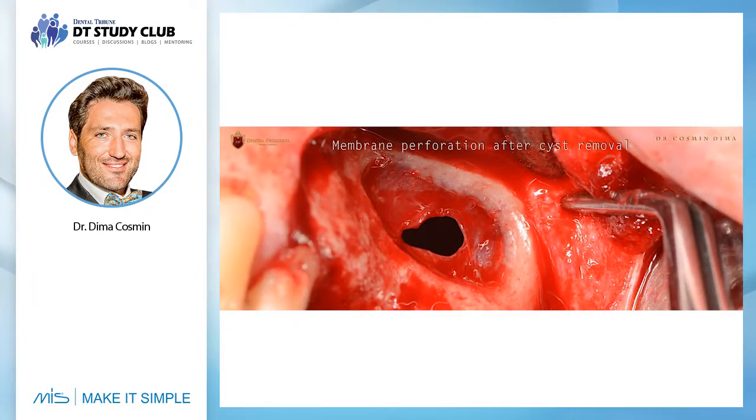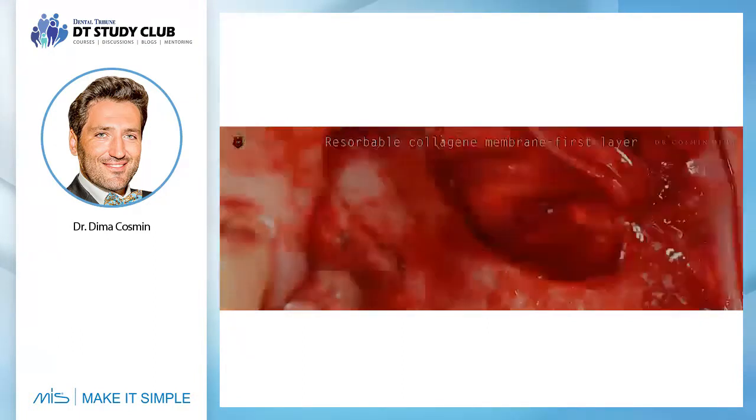This is not a problem because we can use a resorbable collagen membrane to protect it. We have to keep in mind that the collagen membrane must be 3 times, 4 times bigger than the perforation, so there is no chance of aspirating the membrane inside the sinus.